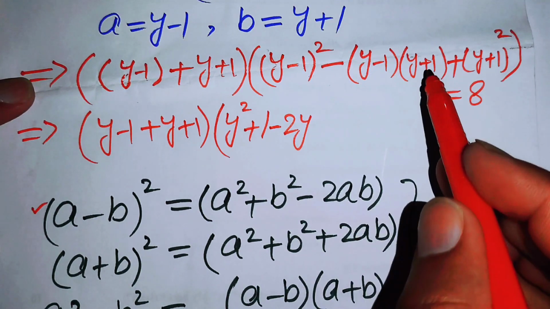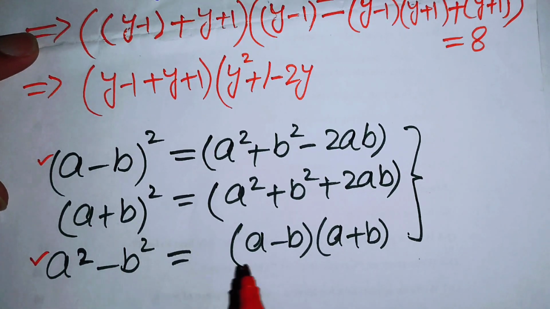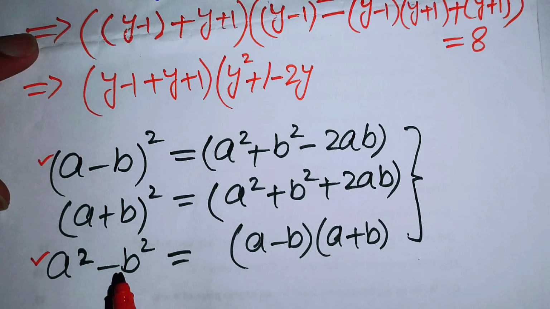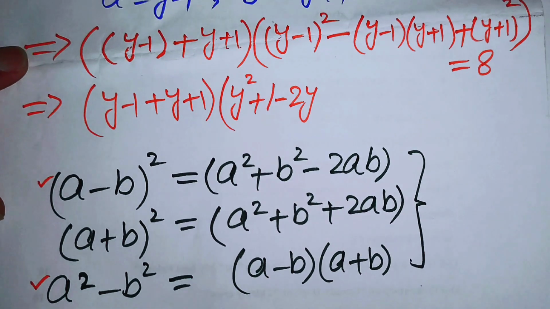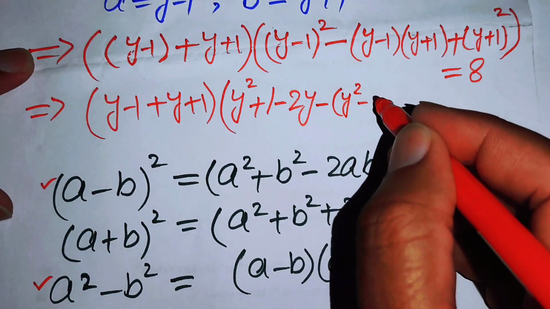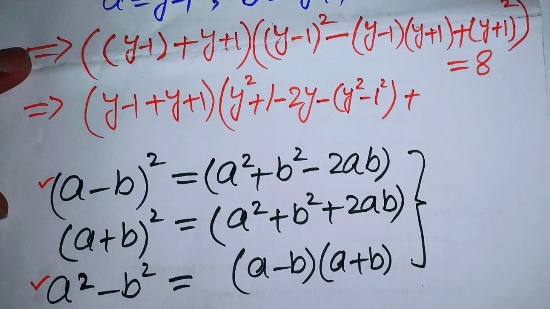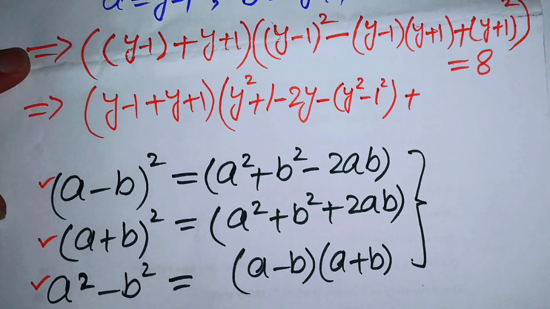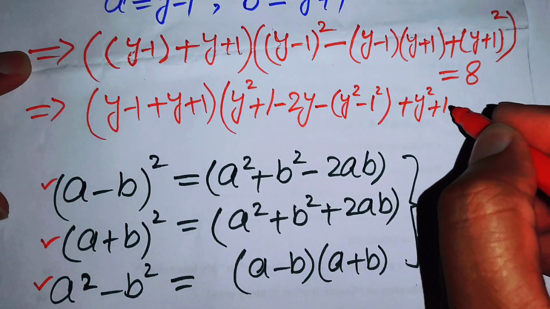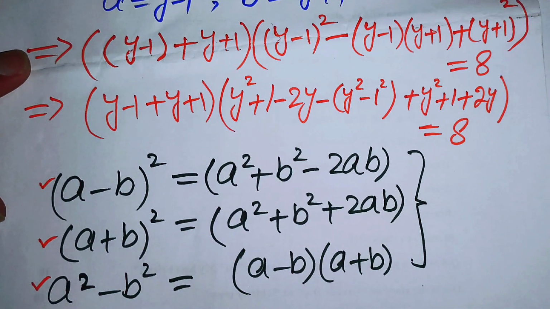Similarly, here you have (y − 1)(y + 1), so here you can apply this nice formula: a − b times a + b is a² − b², so you get minus (y² − 1²). And plus, here you have (y + 1)², and we can apply this formula and you get its output in this form: y² + 1 + 2y, and the whole thing is equal to 8.